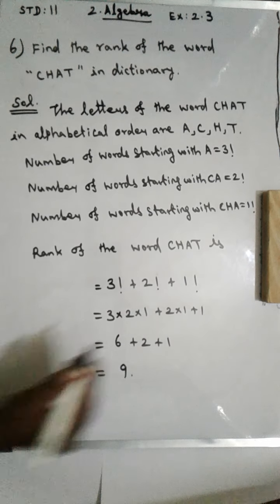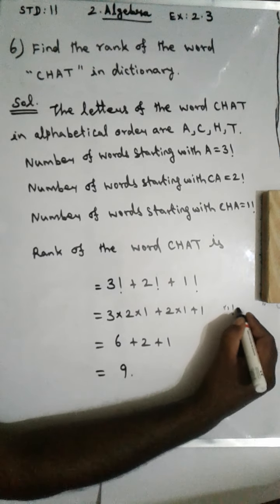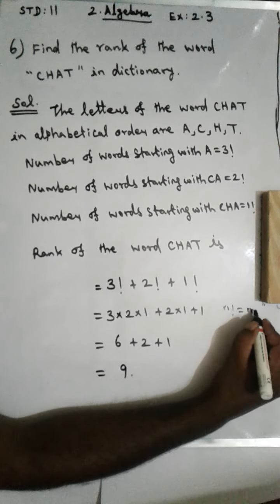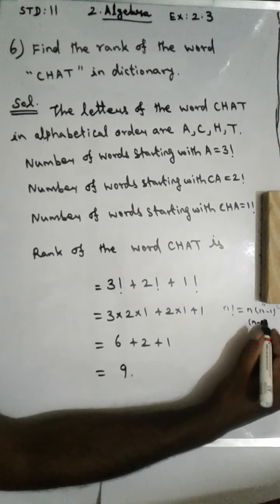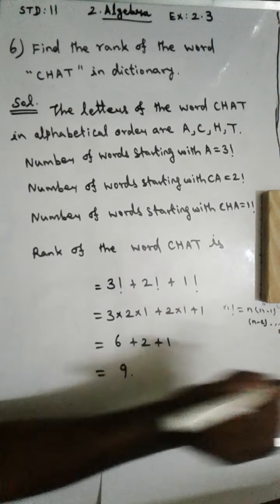We know that n factorial is n into (n minus 1) into (n minus 2) and so on up to 1.